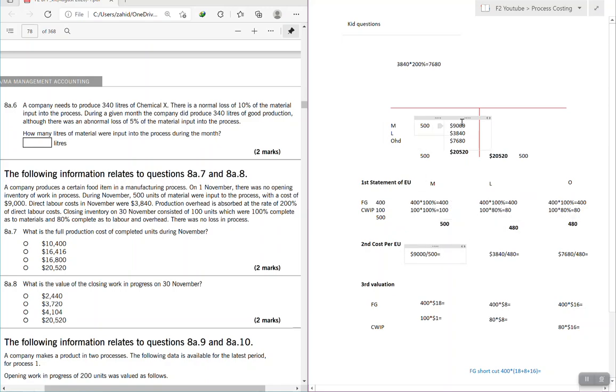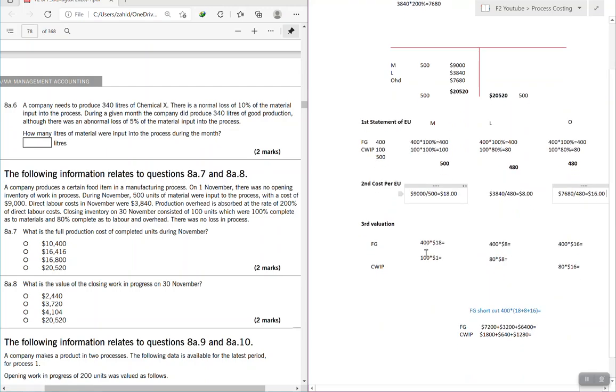So take total cost divided by equivalent units. And then valuation, 400 multiplied by 18, 400 multiplied by 8, 400 multiplied by 16.